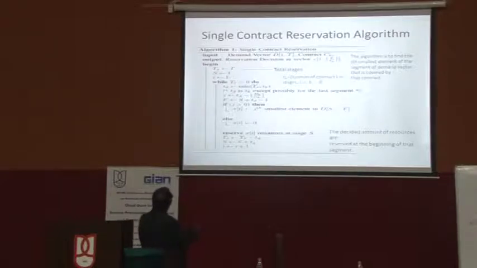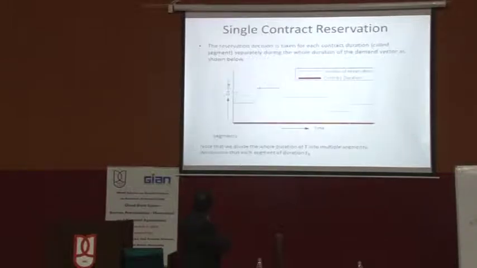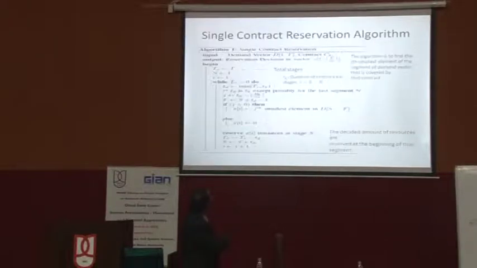So in here, what this algorithm does is basically try to find the smallest one. In here, it wants to find the smallest possible. The algorithm is to find the smallest element of the segment of demand vector that is covered by the contract. So this is one contract. The smallest segment in here is what?